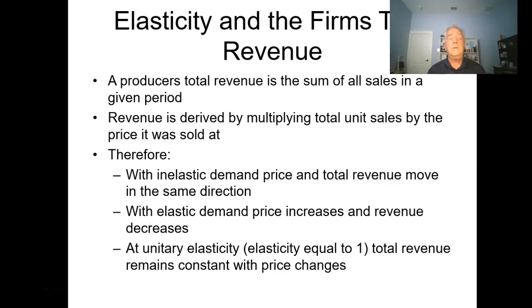But at that point, the producer has to look at his costs and make sure that the production level he's at is not impacting him through the law of diminishing returns, which we talked about earlier. So the sweet spot for all producers is unitary elasticity, or elasticity equals 1. So total revenue remains constant with a given price change.